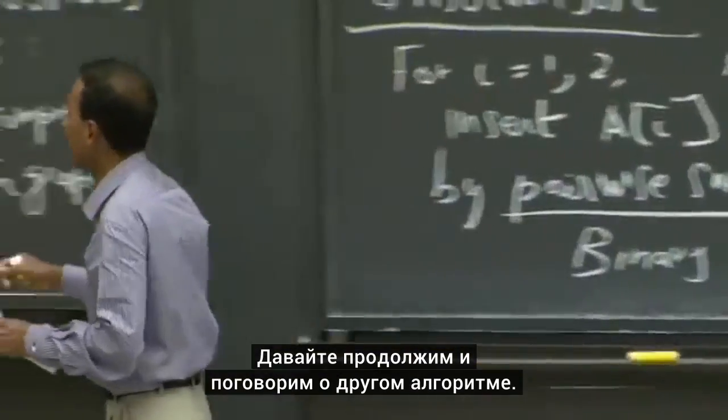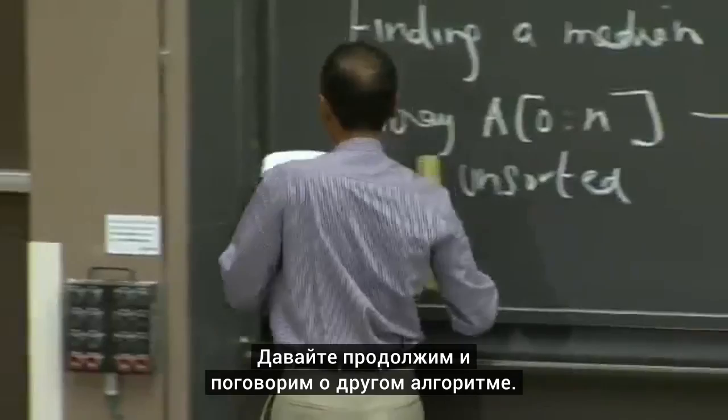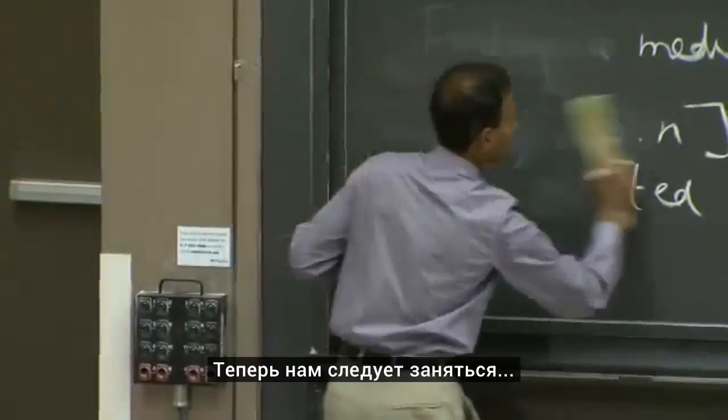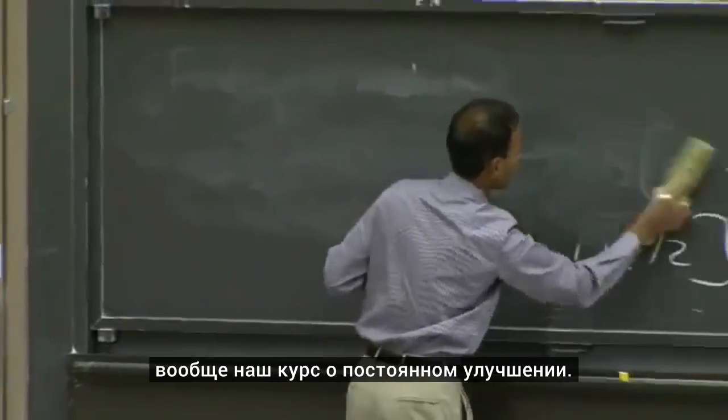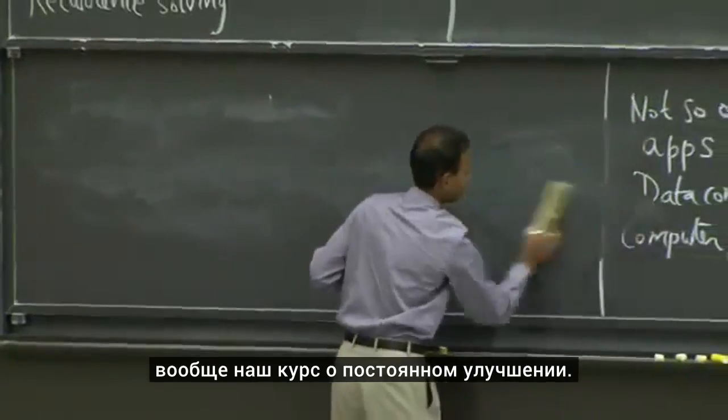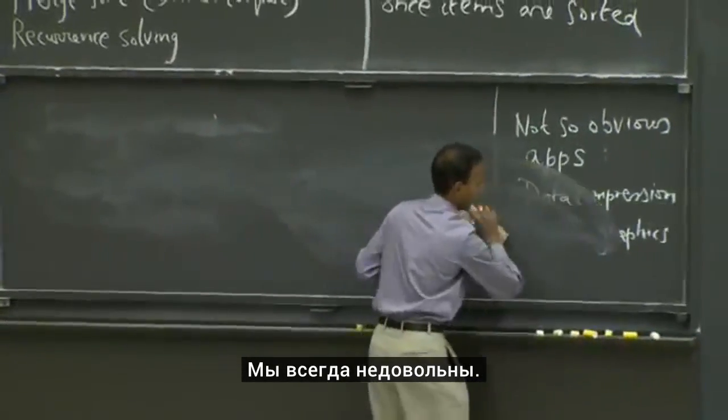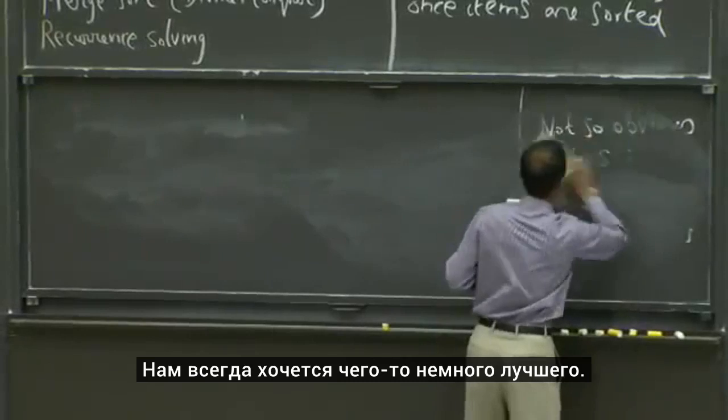So let's move on and talk about a different algorithm. What we'd like to do now, this class is about constant improvement, right? We're never happy. We always want to do a little bit better, right?